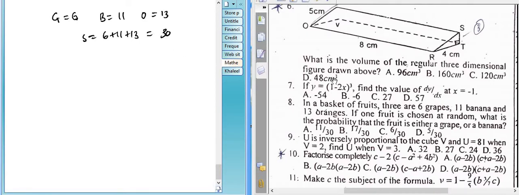Okay, so if one fruit is chosen at random, what is the probability that the fruit is either grape or banana?